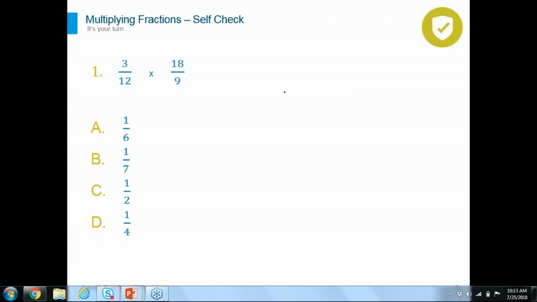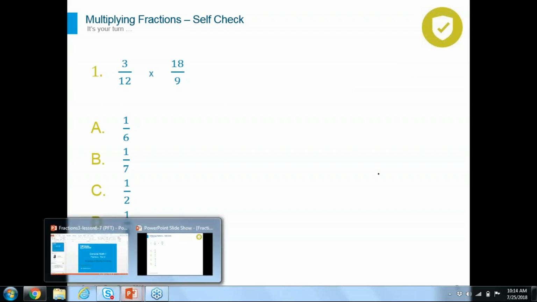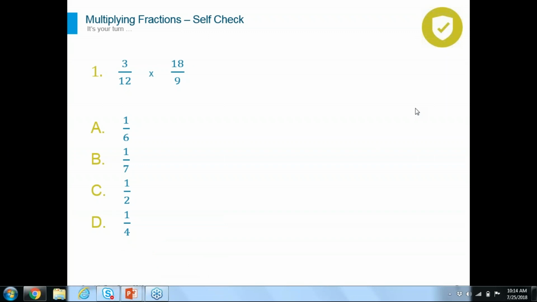What do you think? 18 and 9, what do you think? Three and 9 is another option. Thank you.